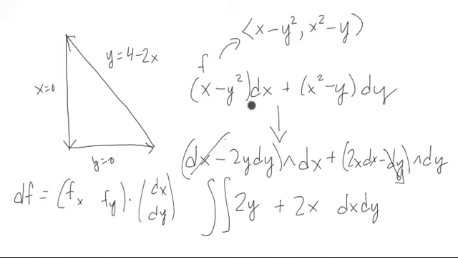And especially here, we're going to reverse the sign. So we could think positive 2y plus 2x very quickly, if we were adept at thinking through this. So we get 2y plus 2x right here, and we're integrating that over this particular region. So let's look at that integration now.